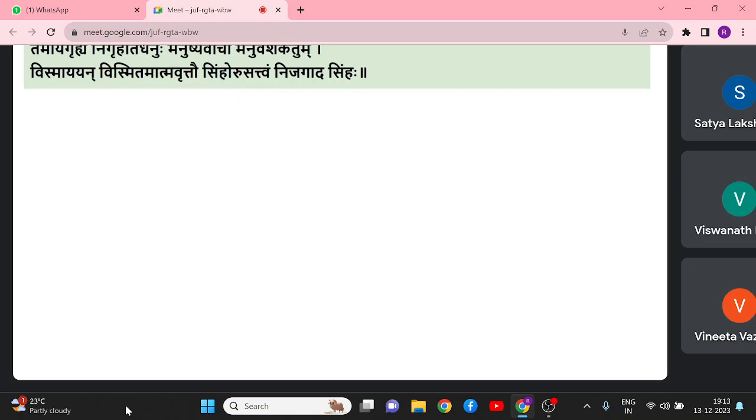You can also say it is Simha Iva Uru Sattvam Yasya Saha. You can say that as Bahuvrihi also. I've seen both usages here. But follow whatever is given in the textbook. So Simha Iva Uru Sattvam will be Upamana Purvapada Karma Dharaya. And Simhoru Sattvam Yasya Saha will be Bahuvrihi.